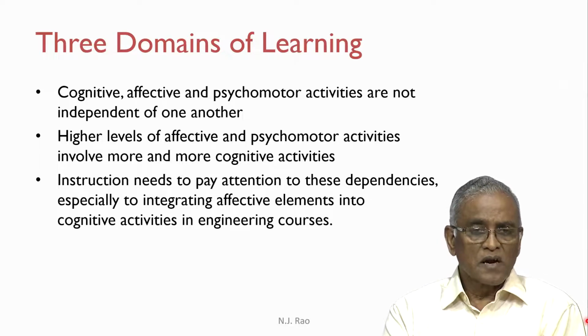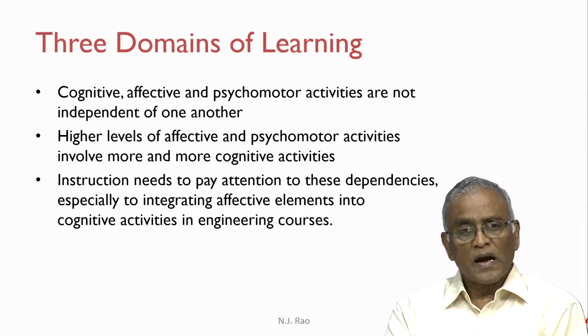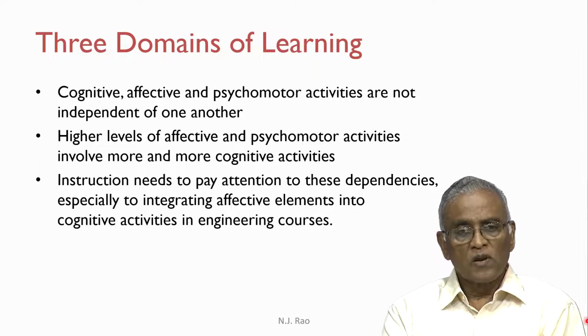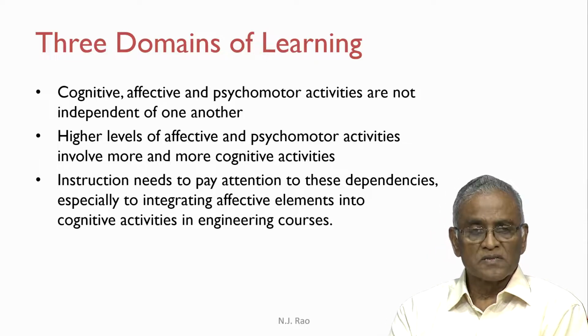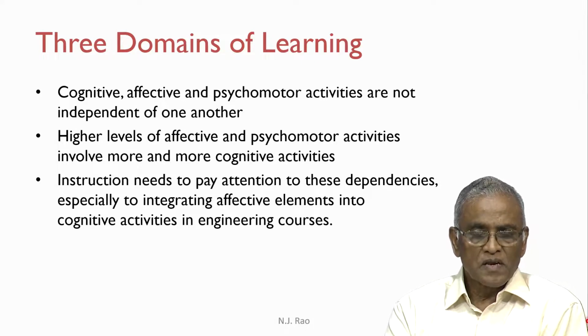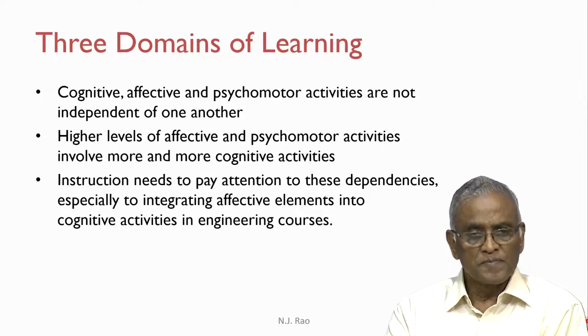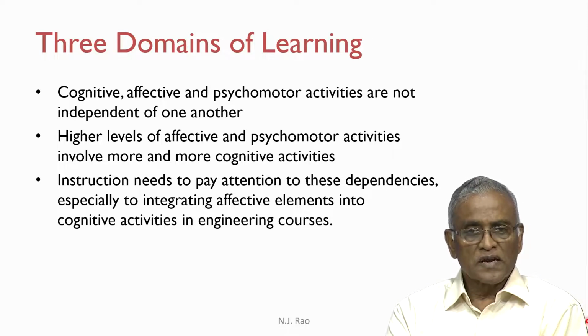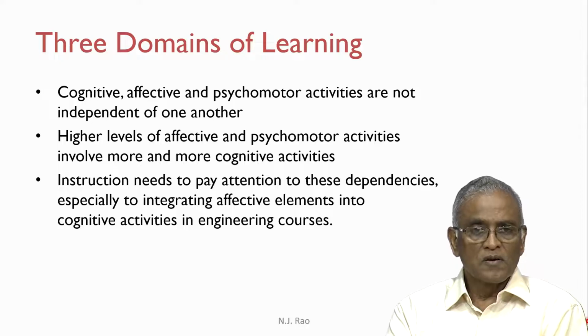Another comment that we would like to make: higher levels of affective and psychomotor activities involve more and more cognitive activities. At higher levels, affective activities are not pure affective activities. They involve cognitive processing of the information, making cognitive judgments, and so on. So higher level affective and psychomotor activities will involve more and more cognitive processes.